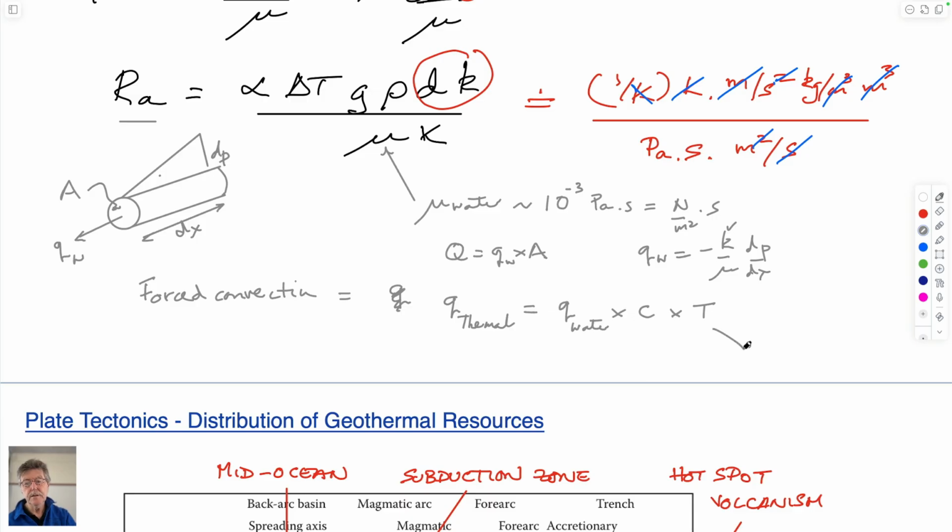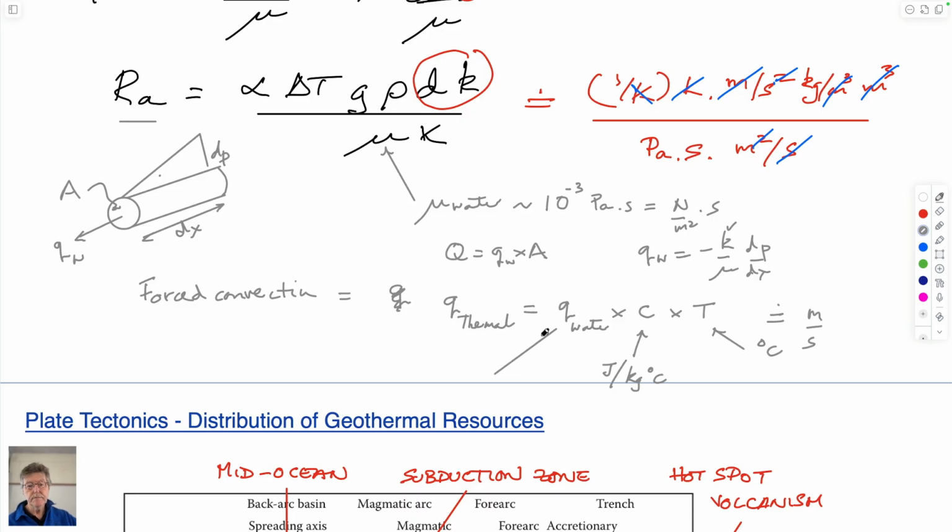So this would be degrees centigrade, and this would be specific heat capacity, in joules per kilogram degrees centigrade. And in terms of units, this would be a velocity. This would be meters per second.